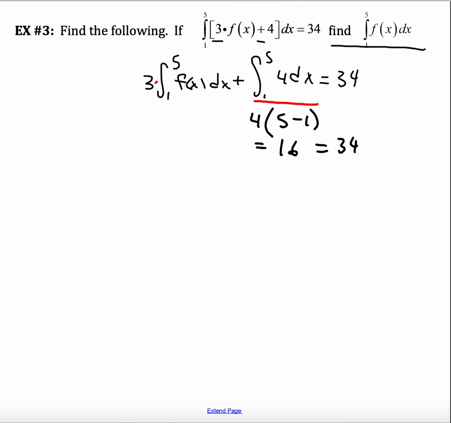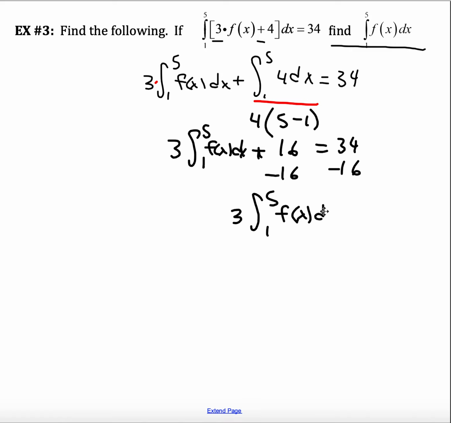And that should be a plus, not an equal sign. Okay, and we have this. Subtract 16 from both sides, and that should give us 18.